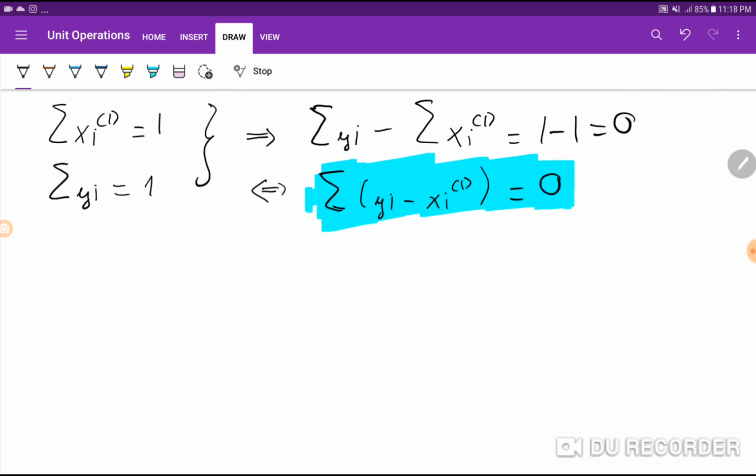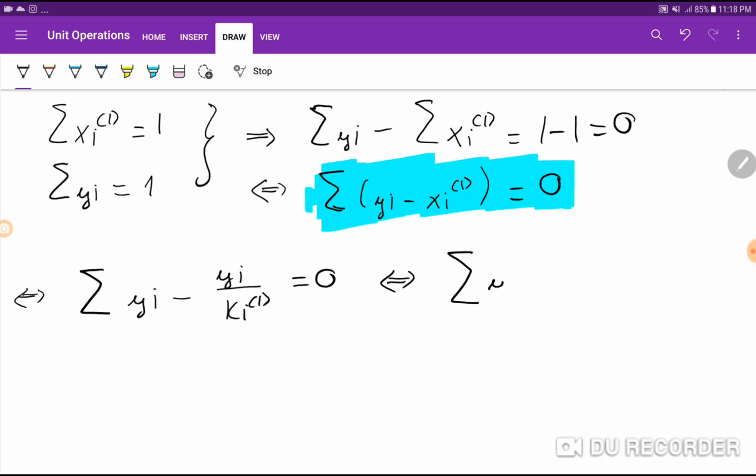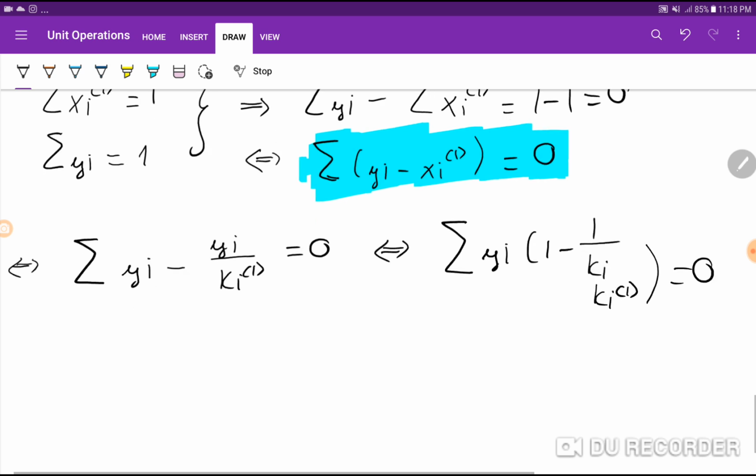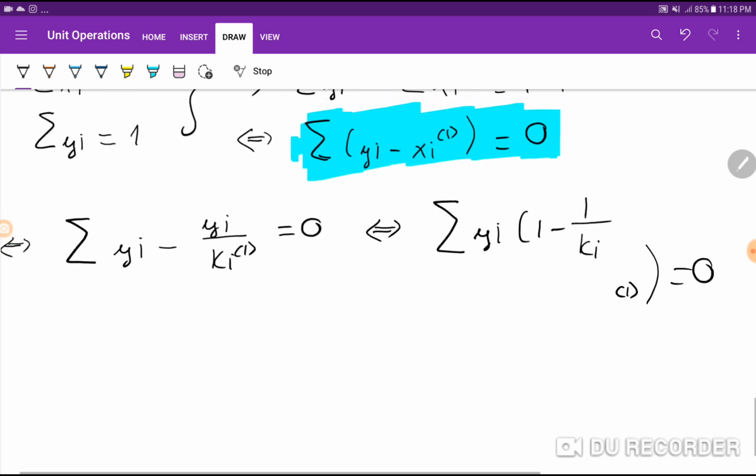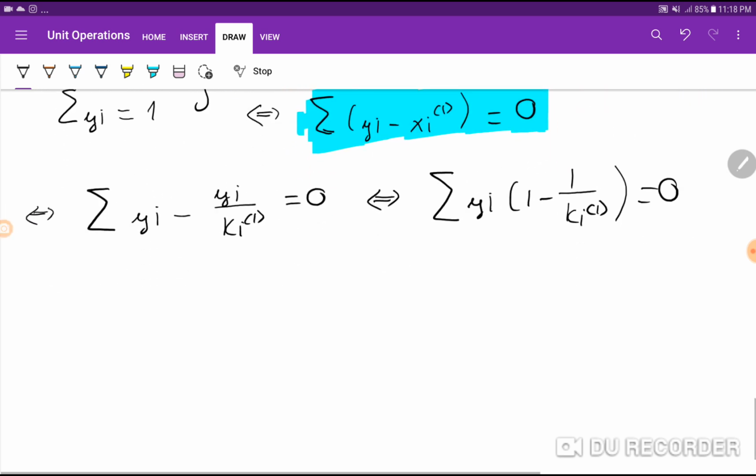So from the blue one, I can rewrite this as summation of yi minus yi over ki1 equals 0. So I can rewrite this as summation of yi times 1 minus 1 over ki1 equals 0. Oh, my apologies. Okay, cool.